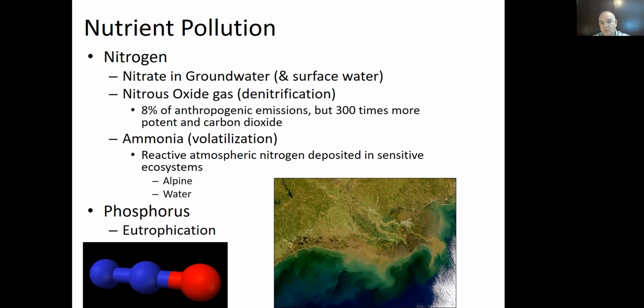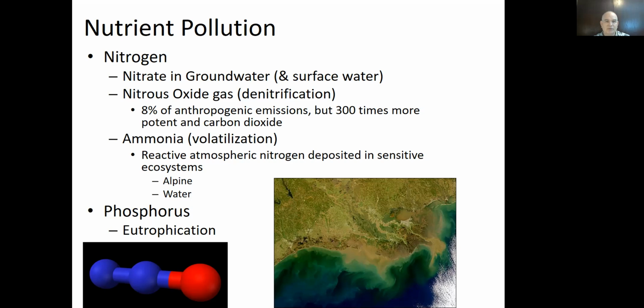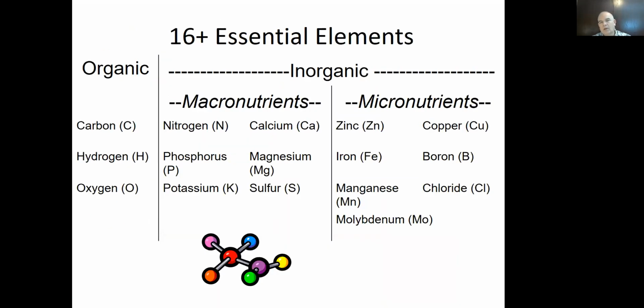Those are reasons why we want to manage nutrition. And so we want to do things right in terms of soil testing in order to avoid both deficiency and pollution. So we get these essential elements. This is a little dated. We'd probably add cobalt and nickel to this slide as they're also essential micronutrients for most plants.